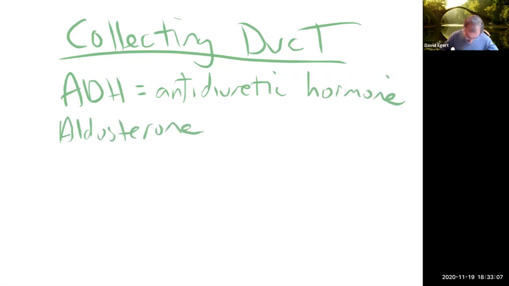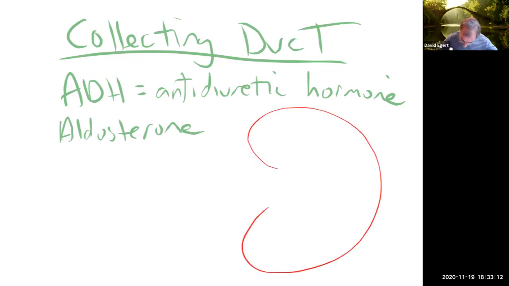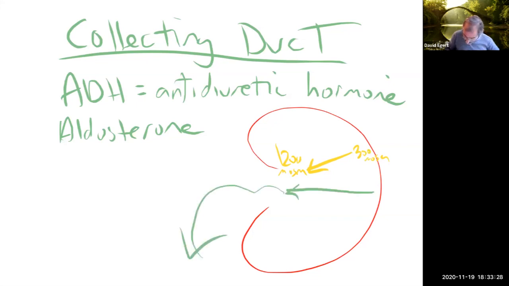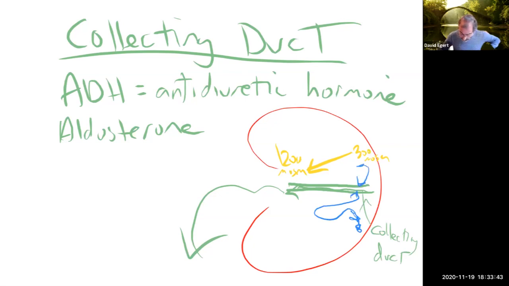Again, you think about, here's the kidney. Like I said, it's like 300 milliosmolar up here, but like 1200 milliosmolar when you get down deep. There's that gradient. And the collecting ducts are basically draining, going down, and ultimately going to leave the body. So here's a collecting duct, which is, here's my nephrons feeding into this.